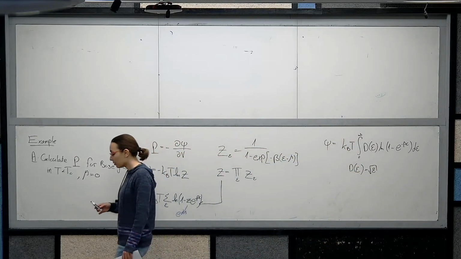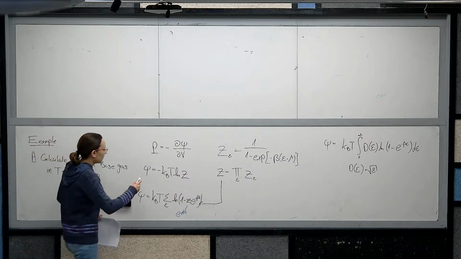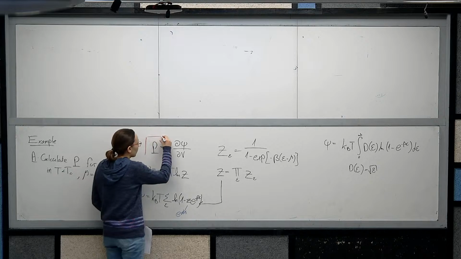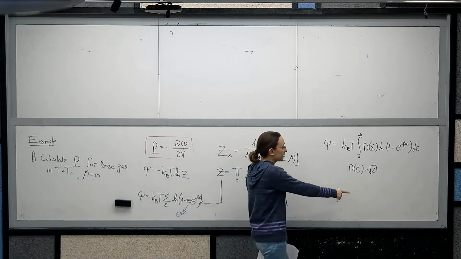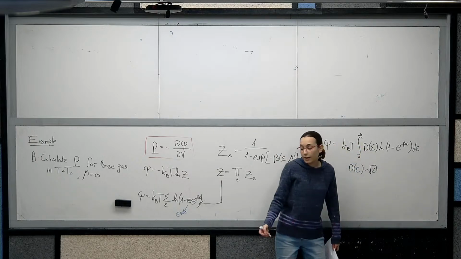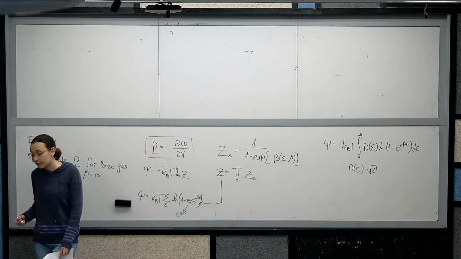So what we will do here is first calculate the pressure. We will conduct the derivative under the integral sign, and then we will calculate the integral. It will give us an easier integral to calculate.